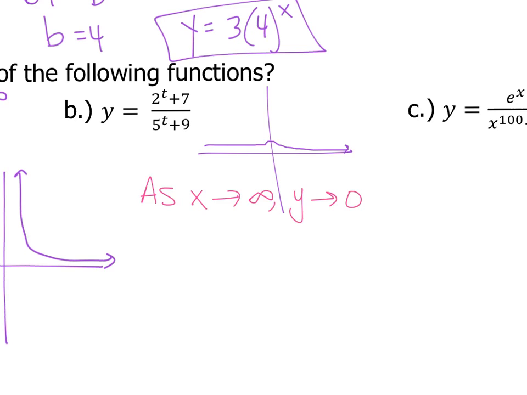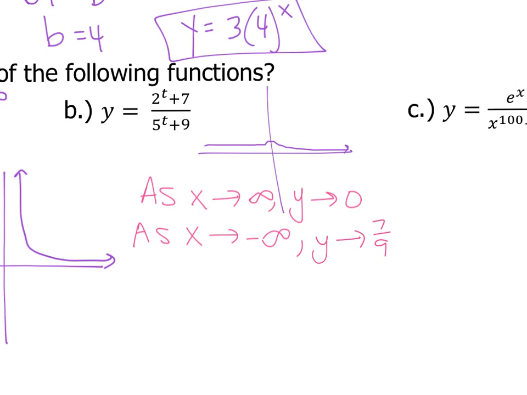y approaches 0. And then we need to make another statement, as x approaches negative infinity, because it's not actually the same. It might look like it's getting closer to 0, but it's actually not. It's kind of leveling off. And where it's leveling off, this might seem weird, but where it's leveling off is at 7/9.